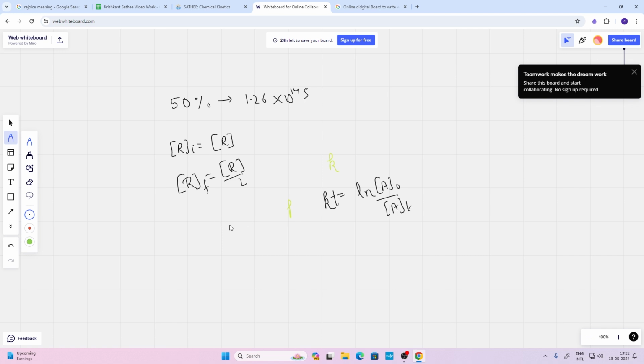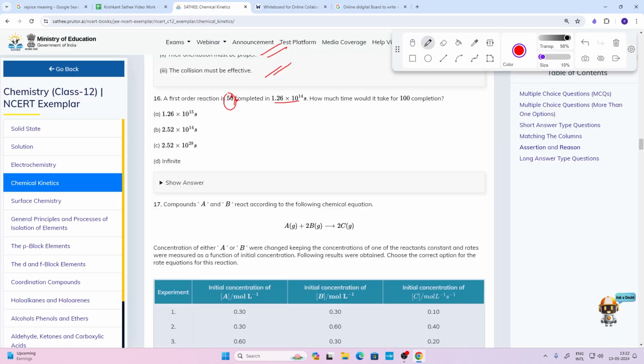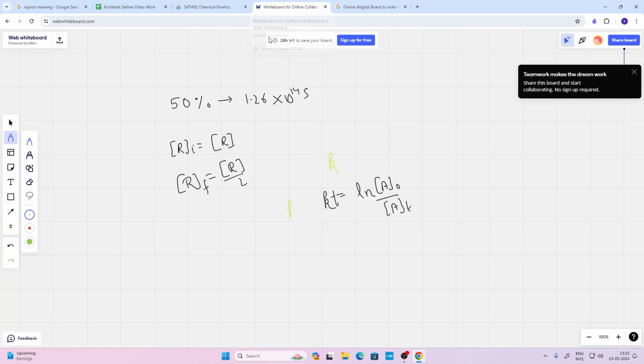Now 50% is being consumed, and that time is also given, it is 1.26 into 10 to the power 14. So k into 1.26 into 10 to the power 14.